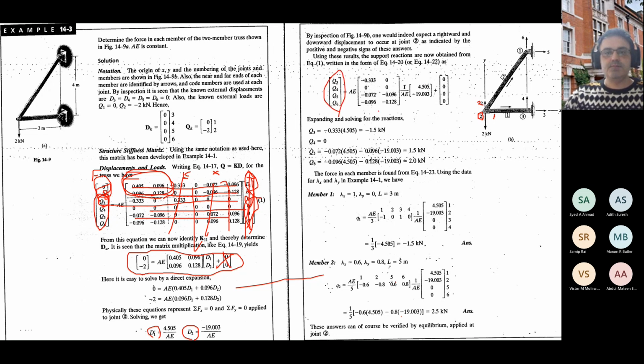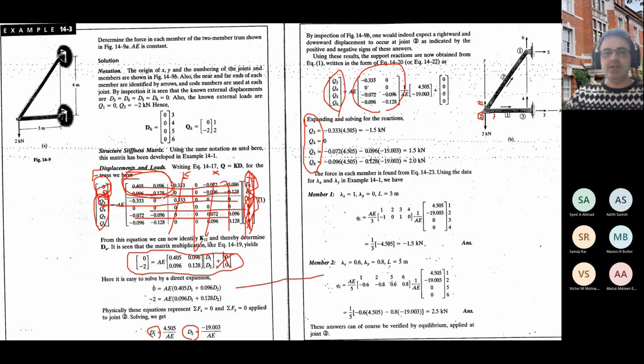If you use those 4 lines that you eliminated, you will come up with Q3, 4, 5, 6, and they are just the support reactions for the 2 supports we have. And when you come up with this point, you have all the support reactions.